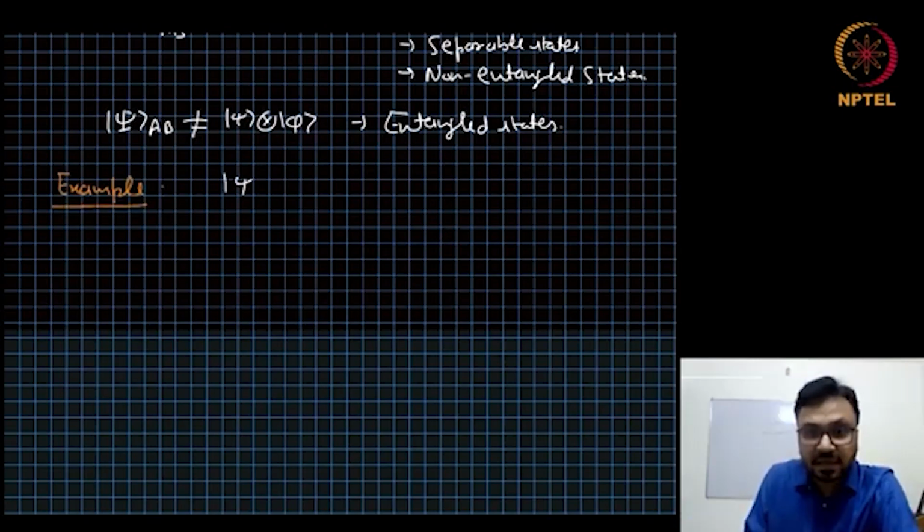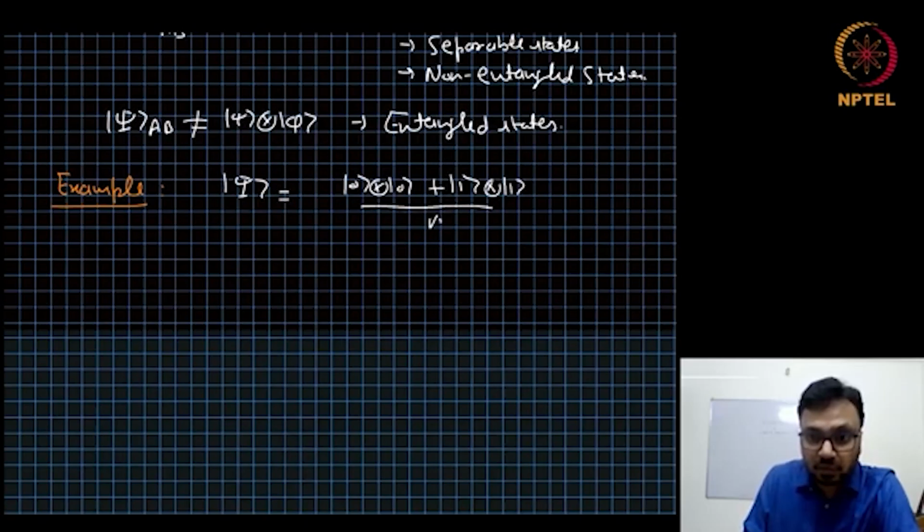Consider the state psi to be 0 tensor 0 plus 1 tensor 1 over root 2. So here alpha ij, there are four alphas: alpha 0 0, alpha 0 1, alpha 1 0, and alpha 1 1.